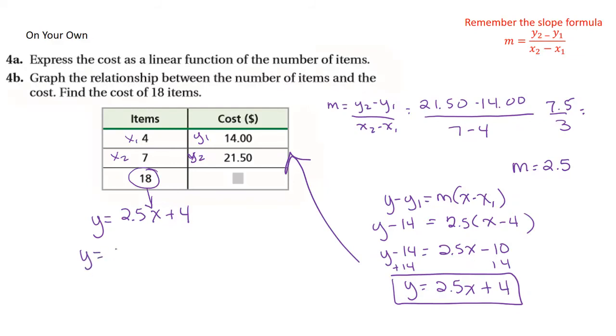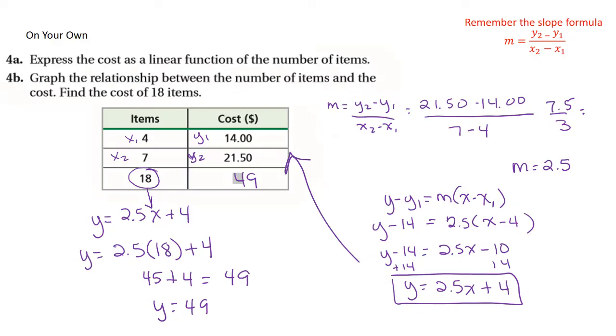So y equals 2.5 times 18 plus 4. 2.5 times 18 is 45, and 45 plus 4 equals 49. So y equals 49. All right, so it would cost $49 to buy 18 of these items.